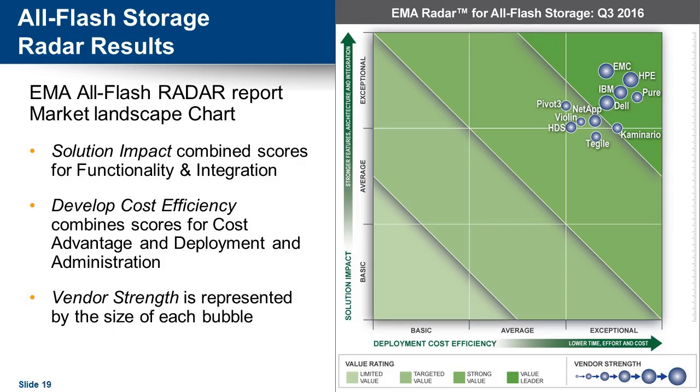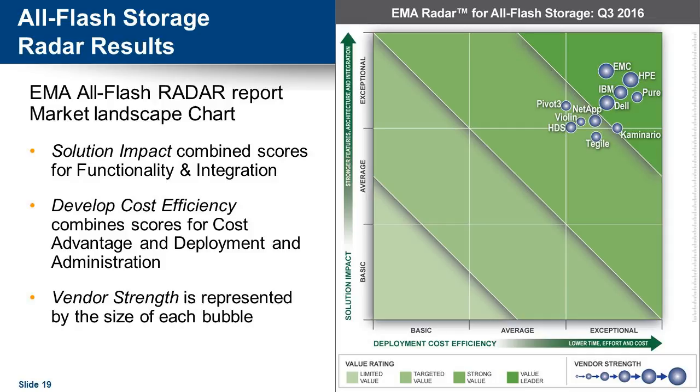So with that, I'm kind of proud to show the all-flash radar market landscape chart. Really, this chart defines value as a ratio on two different axes: the strength of the product, which is the vertical axis, against its core efficiency, which is the horizontal.